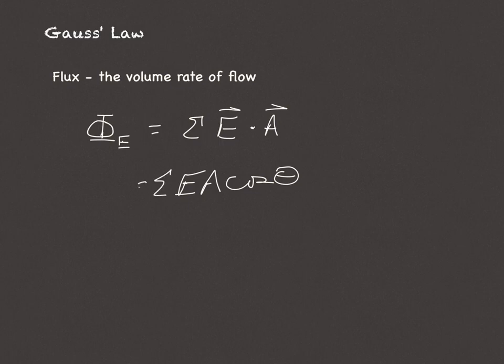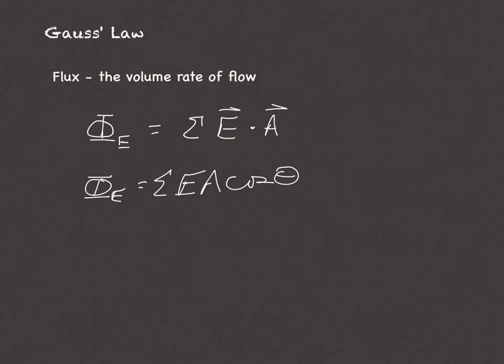To get the net flux, we would sum up E dot A for all areas of the surface. The angle theta is the angle between the normal and the direction of the electric field.